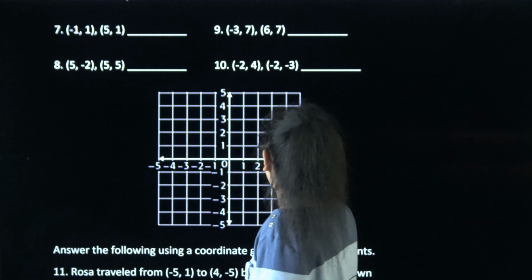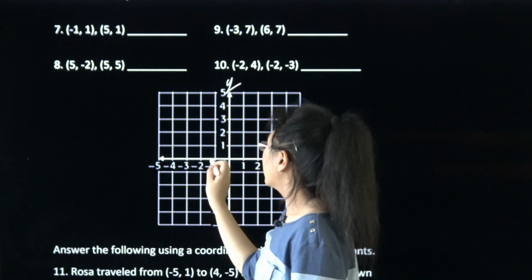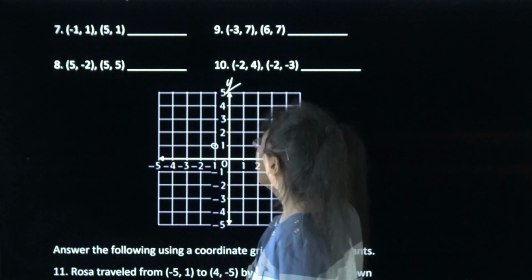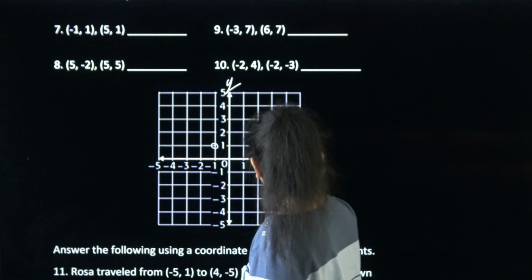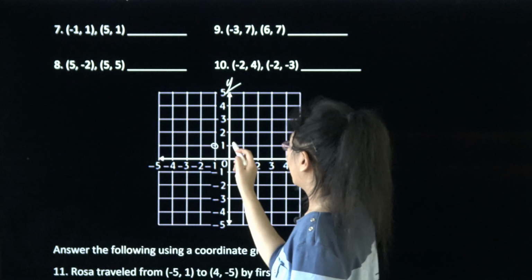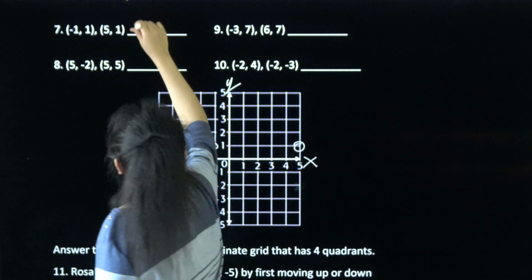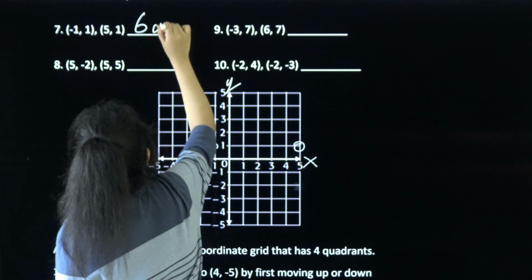Negative 1, 1 would be here, and positive 5, 1 would be here. See, it's a horizontal line. And now we count 1, 2, 3, 4, 5, 6. 6 units.